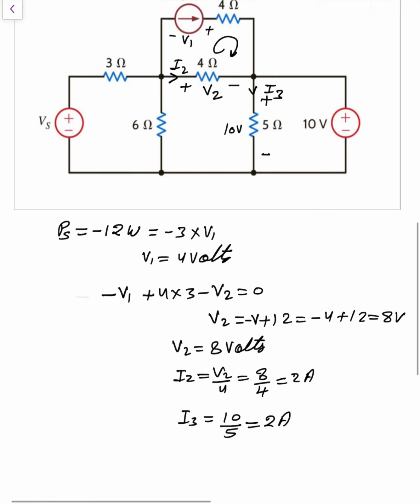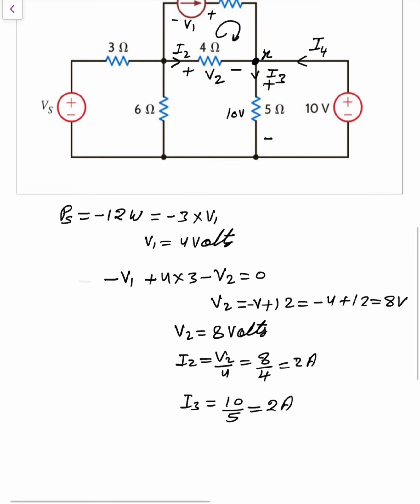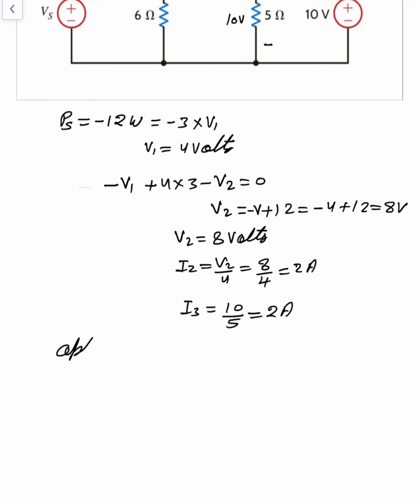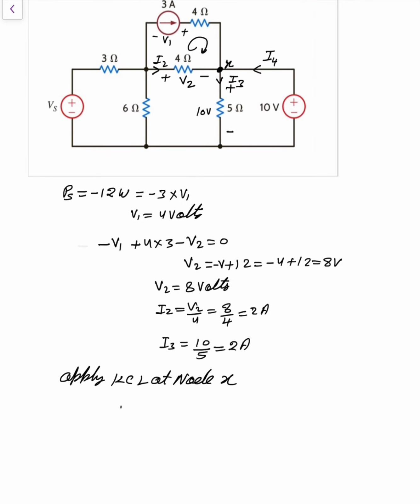Okay, what about the current I4? Apply KCL at that node, suppose that node is X. I4 plus 3 ampere plus I2, this is equal to I3.